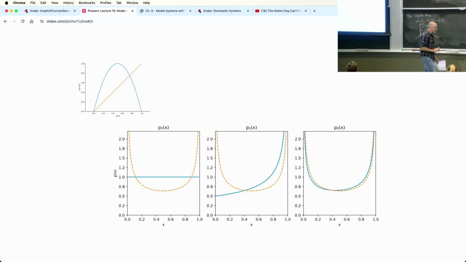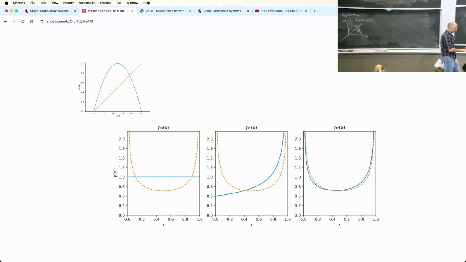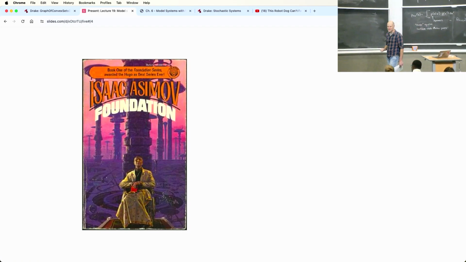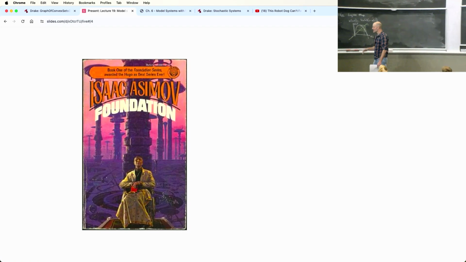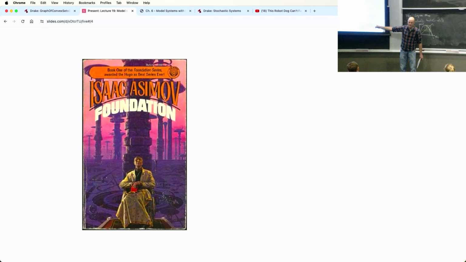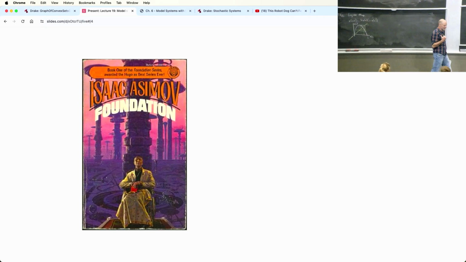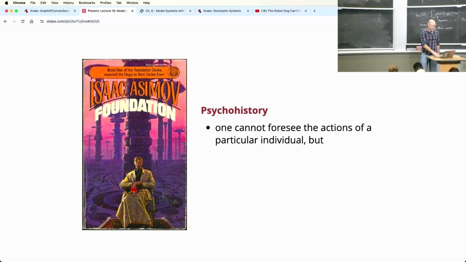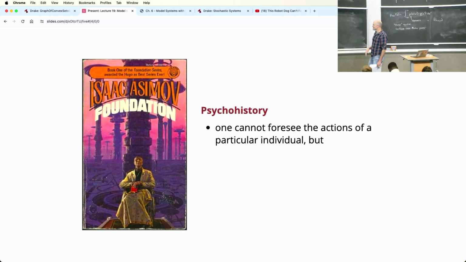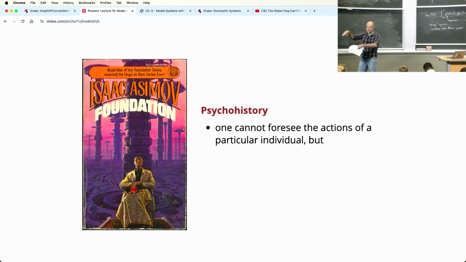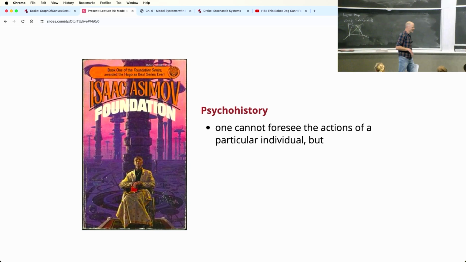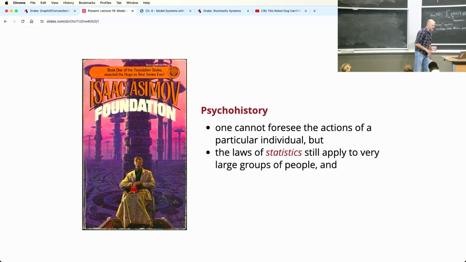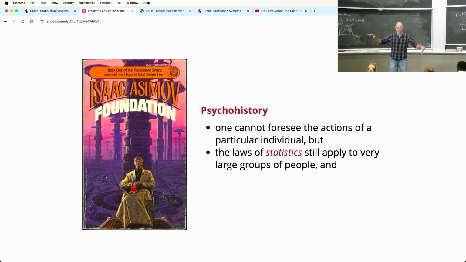Every time I think of this, I think of Isaac Asimov. You know Isaac Asimov? Have you read the Foundation series? Do you know what the reference I'm making here is? The Foundation series was about psychohistory. The basic premise was that humans are complicated, and every individual is very hard to predict, but the statistics apply to large groups of people. So once humanity got to a certain scale and was covering the universe, it became predictable again.